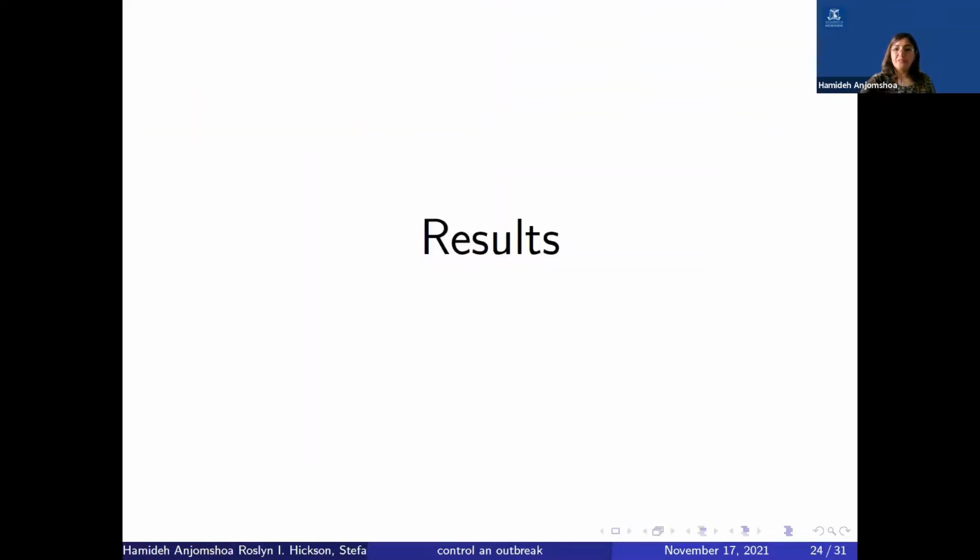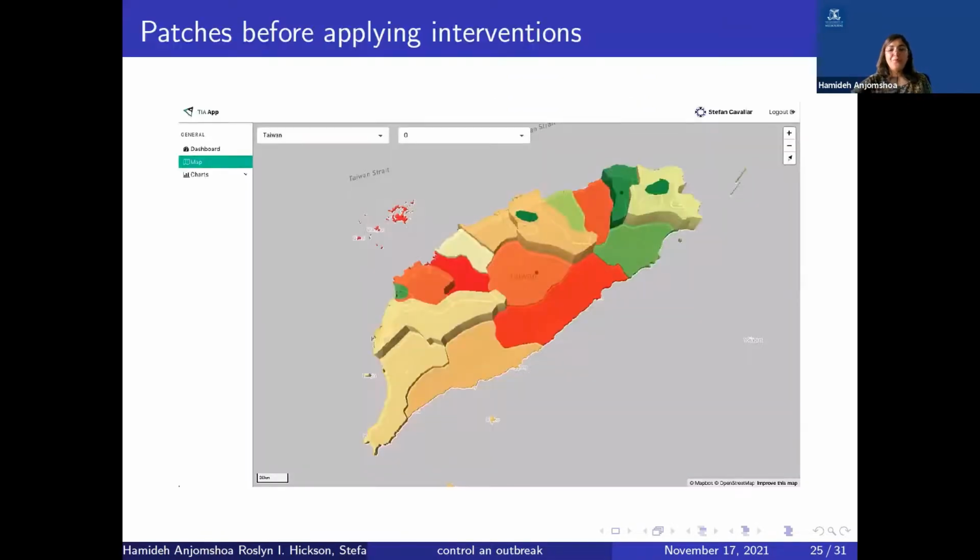Okay, we built it. Let me share some of the interesting results with you. This is the original map that we had, and after we apply the interventions and choose the optimum one, this is how the map looked.